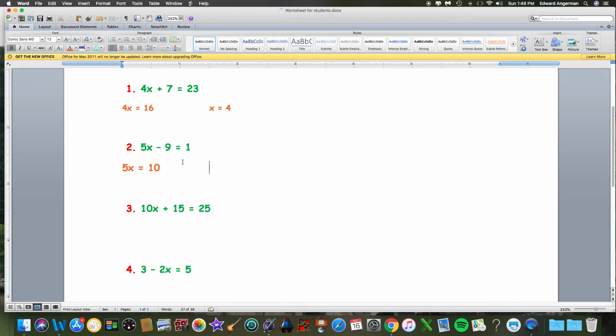Once you're left with 5x equals 10, you once again have to divide by 5 on both sides, because it's 5x on the left side. You want to get x by itself. So 5x divided by 5 equals x, and 10 divided by 5 equals 2. And that is your final answer. So x equals 4 and x equals 2 for the first two problems.